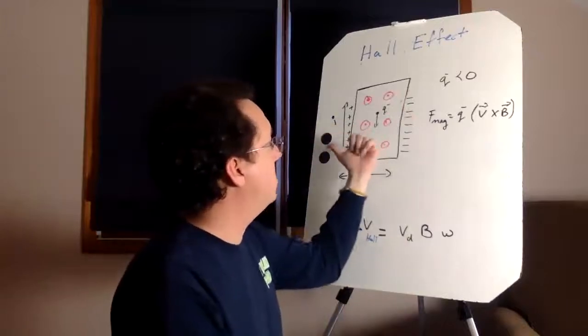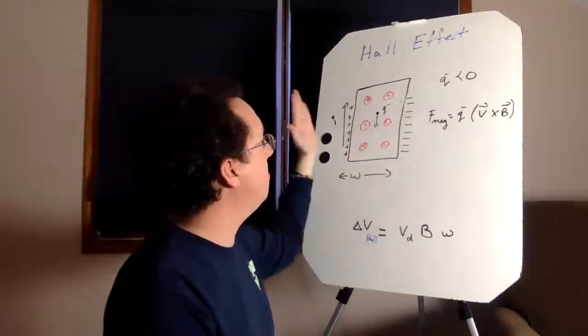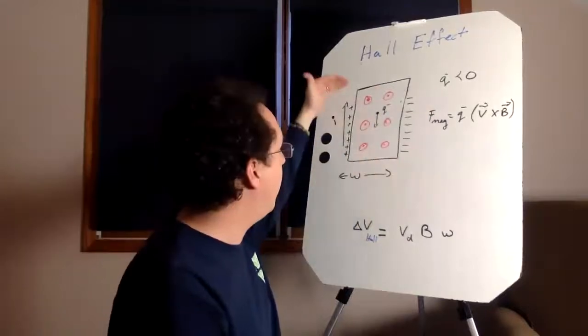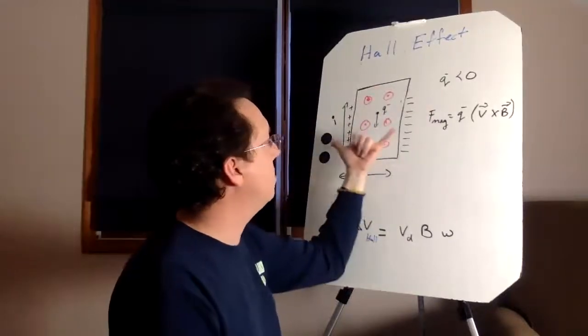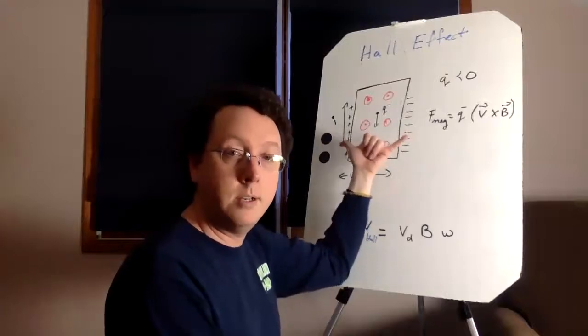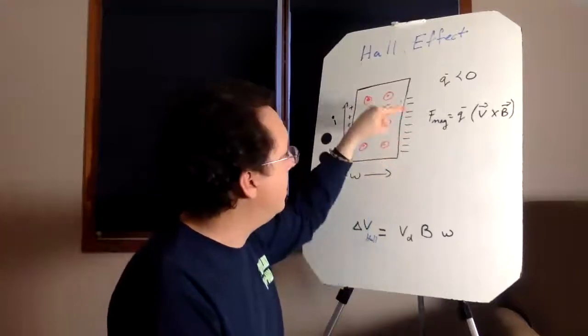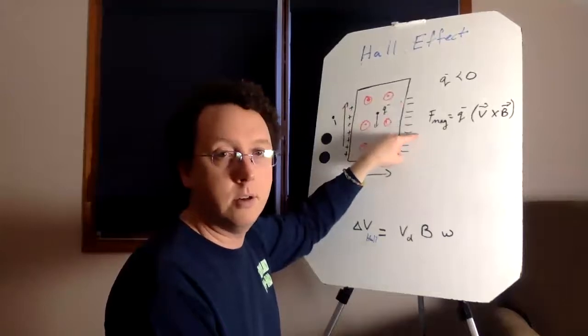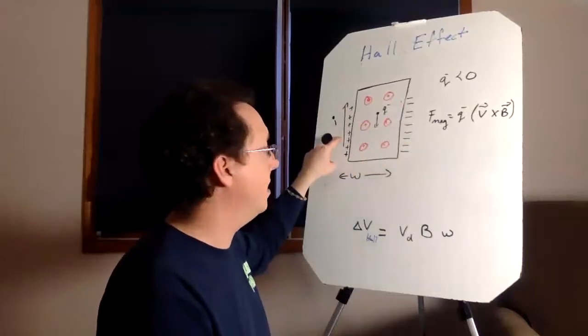In this situation, for the same magnetic field and the same current, you actually have negative charges on the right and positive charges on the left, which means if you look at the transverse voltage across the stick of gum, you actually get the negative charge, the lower potential, on the right and the higher potential on the left.